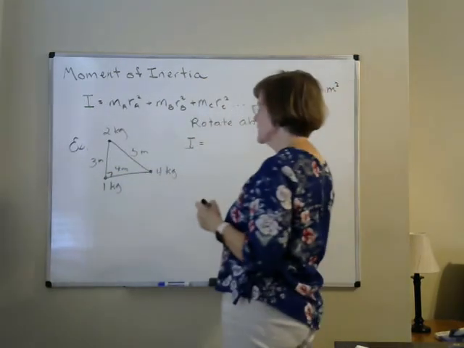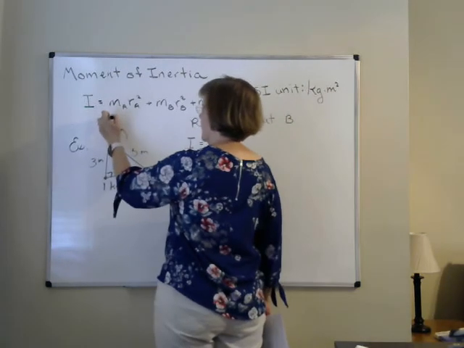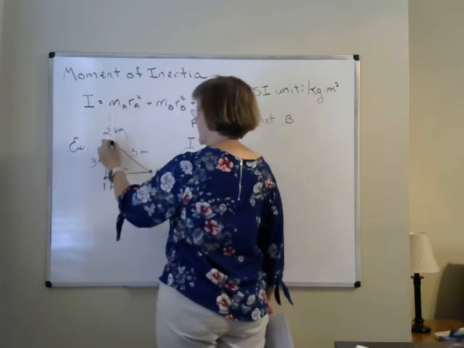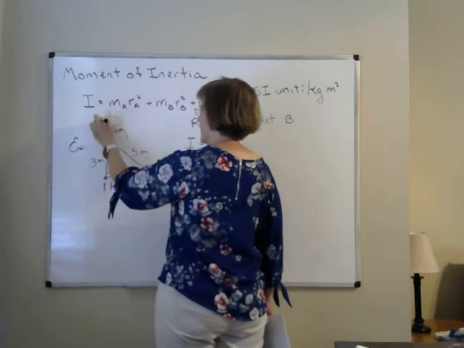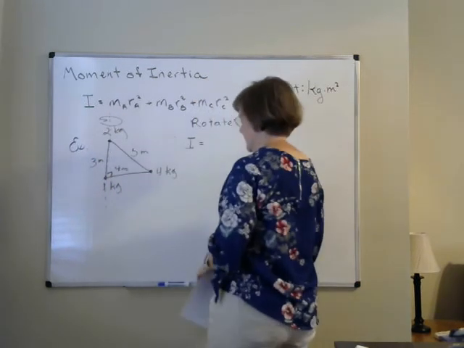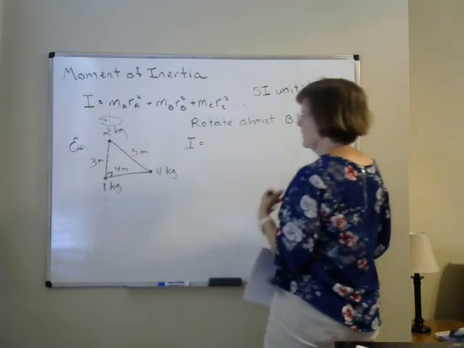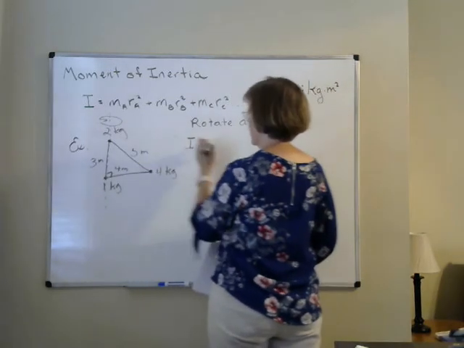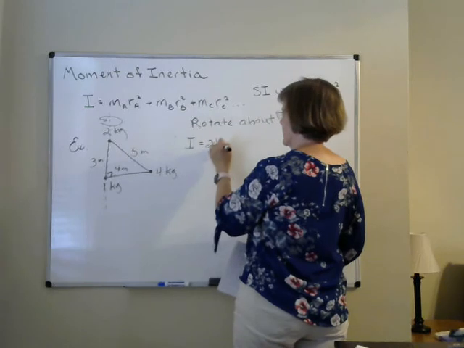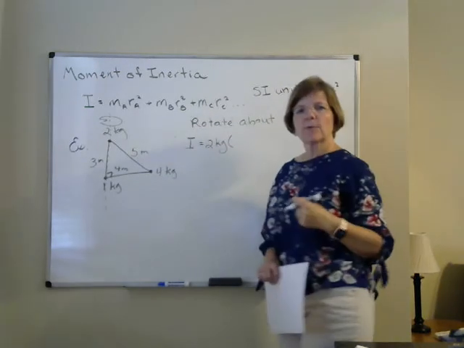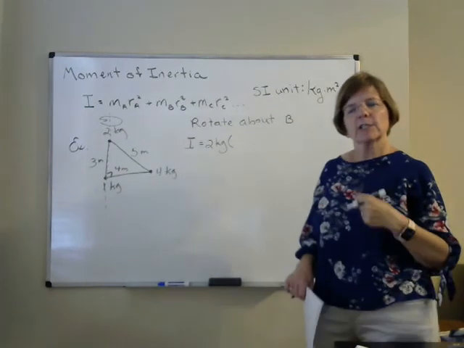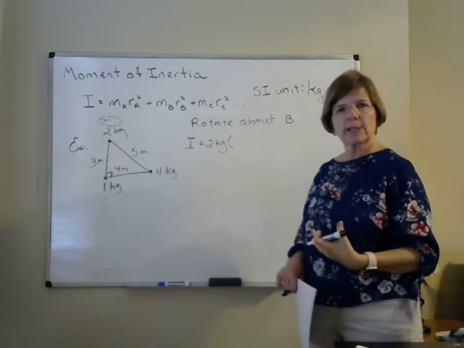But suppose that I have a rod, I consider my axis to be right here along this line. Well, if I'm rotating about this line, what you'll notice, when I do the moment of inertia, if I start with the 2 kilogram mass, it has a distance of 0 from the axis of rotation because it's actually on the axis of rotation.